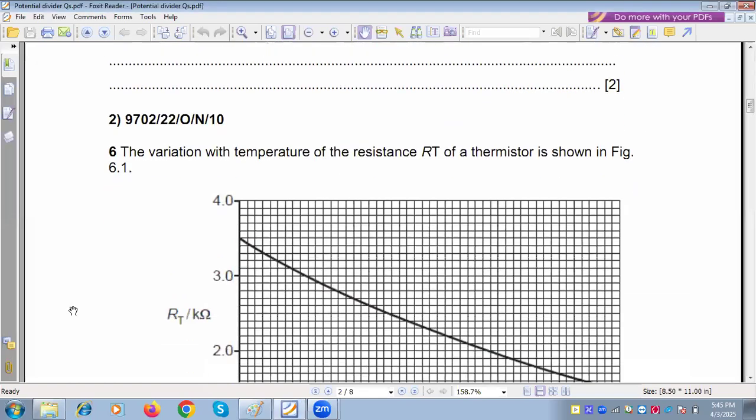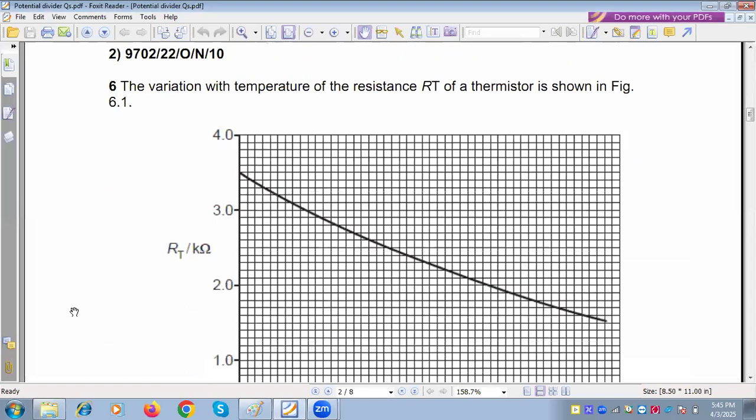Now next question, it's also related to potential divider. It is from October-November 2010, variant 22, A levels 9702.